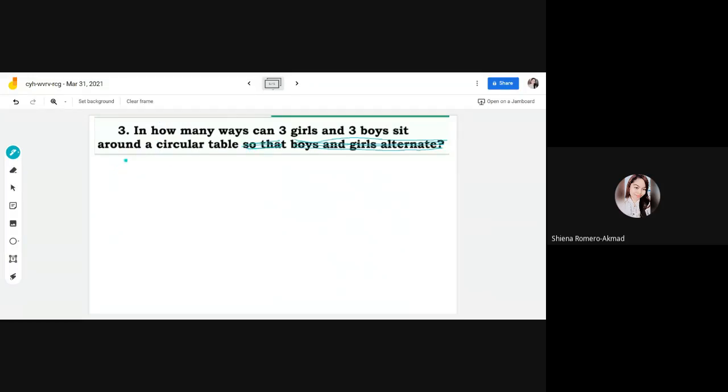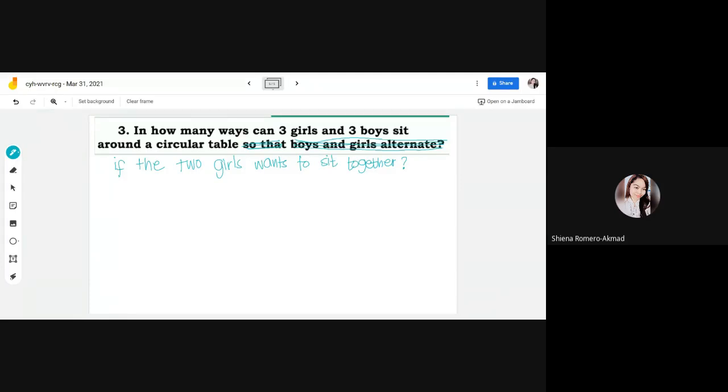If the two girls want to sit together. Remember sa condition, pwedeng may dalawa or higit pa na elements ang magsama or maghiwalay. So sa case na to, magsasama silang dalawa.